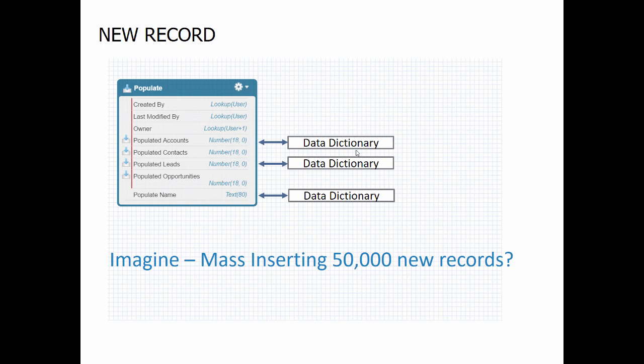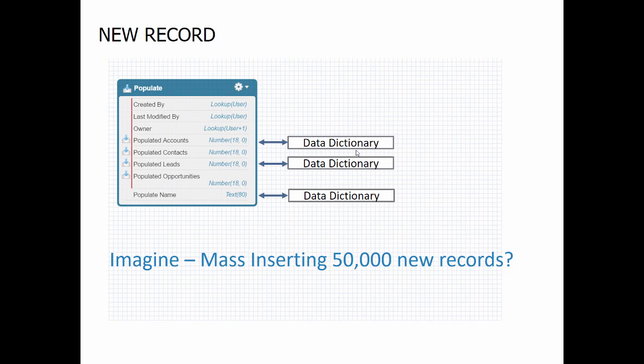So the more fields you have populated with default values on your object, the more trips it has to make to get the default value that's stored somewhere. Does that make sense? So in this picture, when we're creating a new record, it's going to make 3 trips out to find what the default values for these fields are.